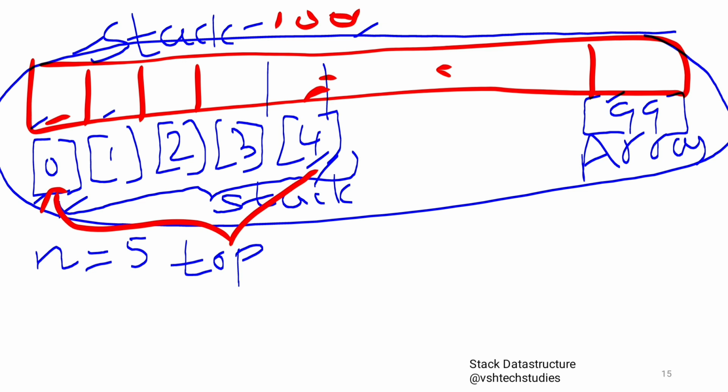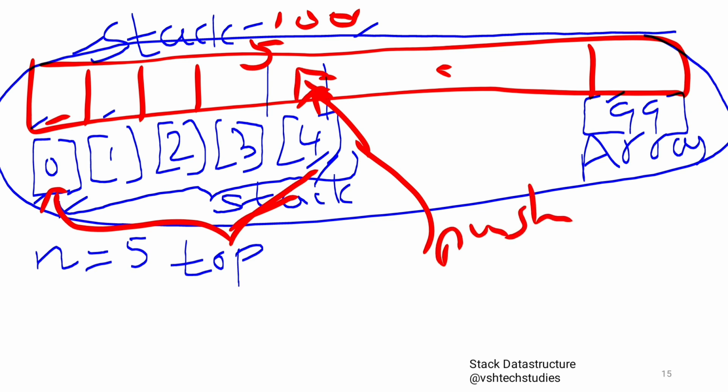When top is 4, our stack size defined is 5. Now if you try to add an element through the push operation, it will increment the top, then it will try to add here, but that is not there in our stack. It is defined to be only of size 5.